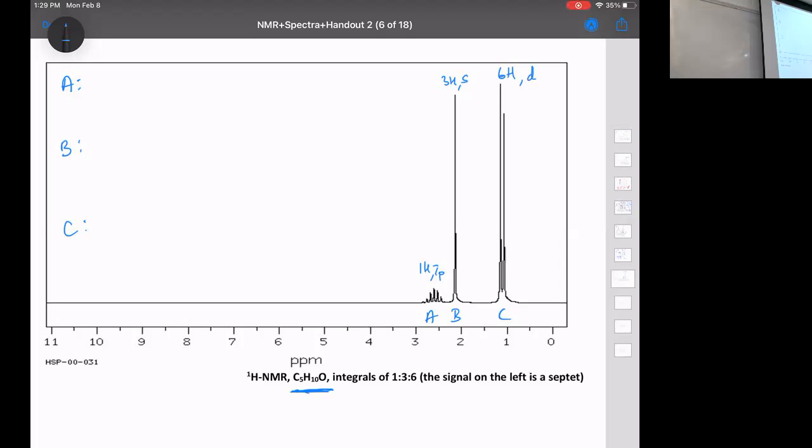Oh, so you have a CH3 in there. This is good. The CH next to 2 CH3s. This is your 2 CH3s, and they're doublets. What is that? Yeah, so the way you have it on here is perfect.